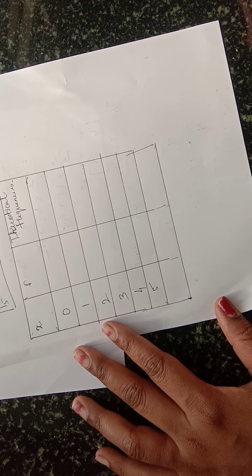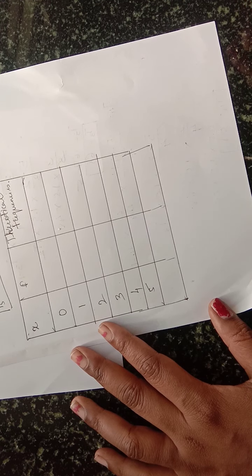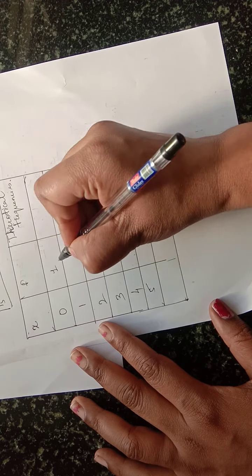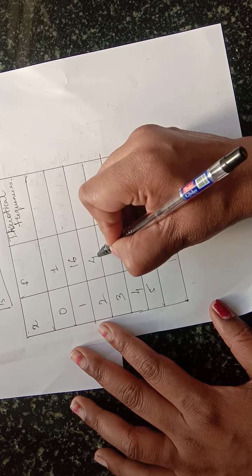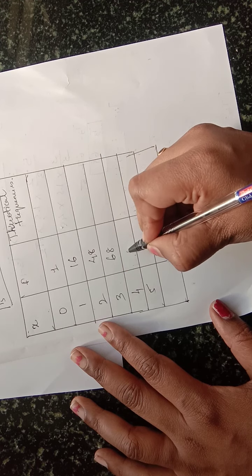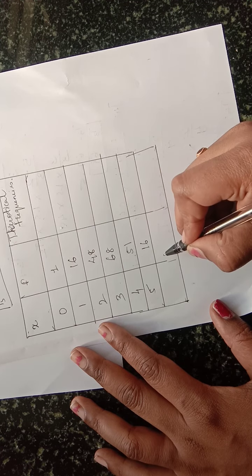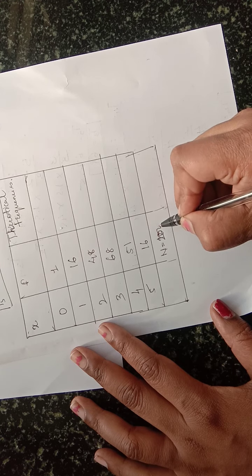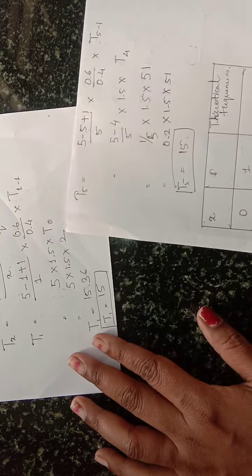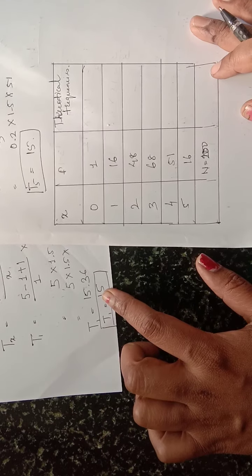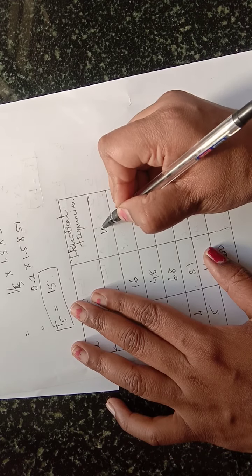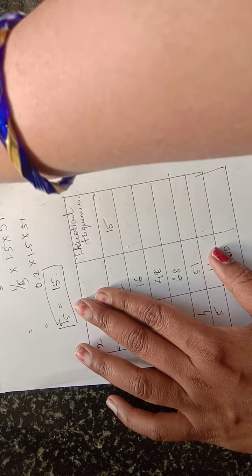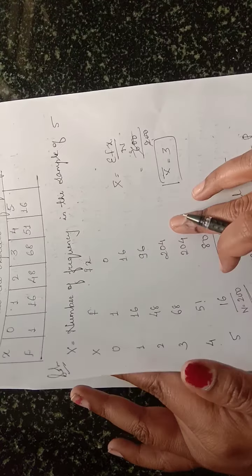Frequencies as given in the problem: 1, 16, 48, 68, 51, 16. So total n is 200. Right. Now write the theoretical frequencies.